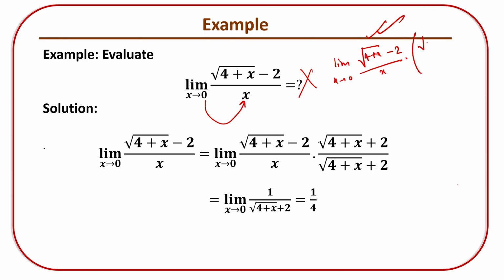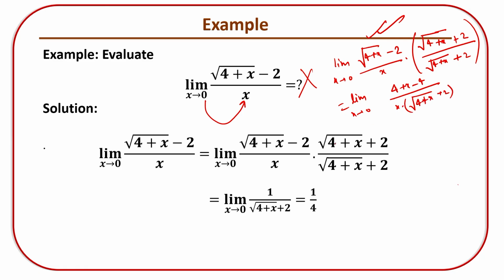By rationalizing it, you have to divide and multiply by its counterpart, that is square root of 4 plus x plus 2, and then it will become very easy to do this. So, this will become limit x tends to 0, 4 plus x minus 4, divided by x into square root of 4 plus x plus 2.